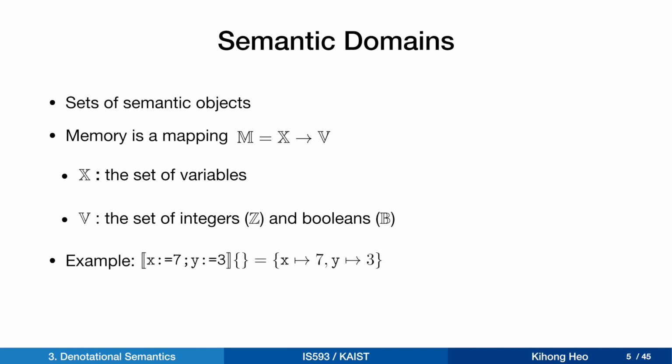Here is an example. Notice that here we don't use an arrow, but we use this equality, which means that the semantics is not state transitions anymore. The semantics of a program is a mathematical function that satisfies this equality.